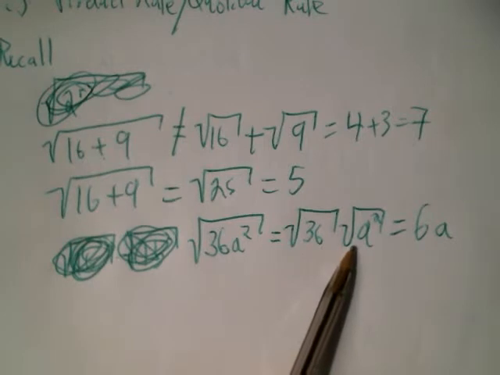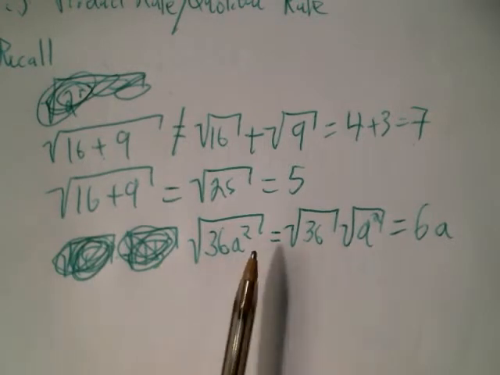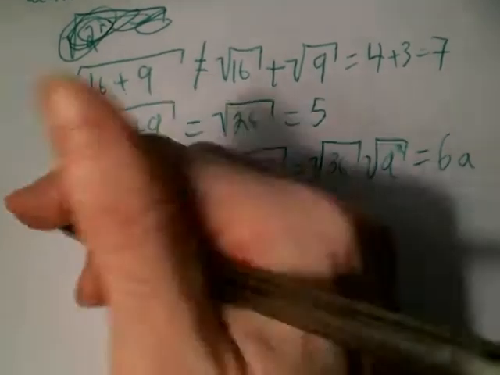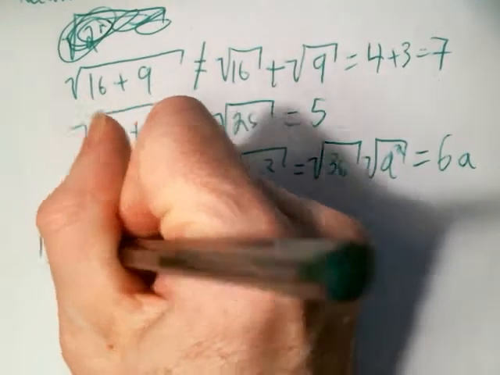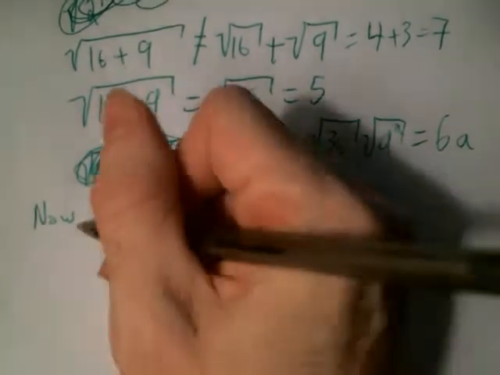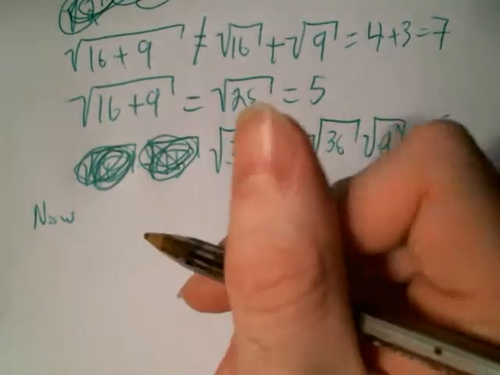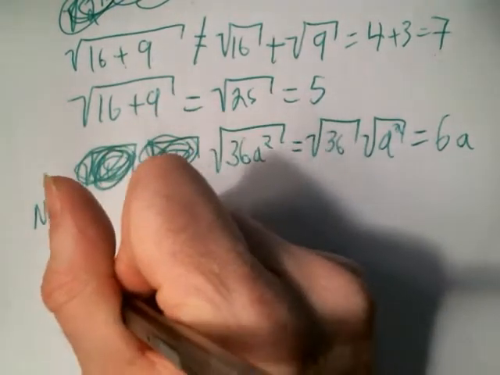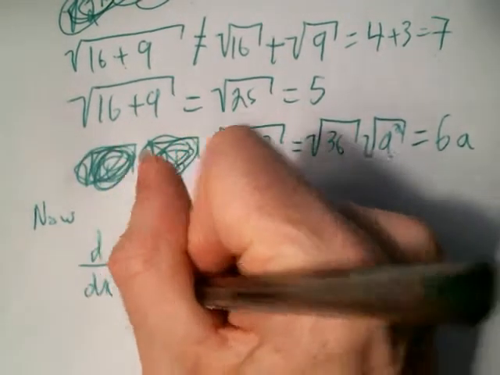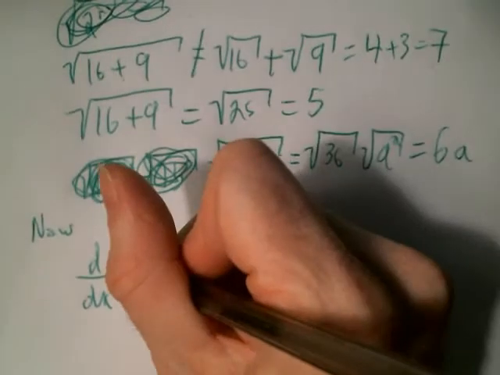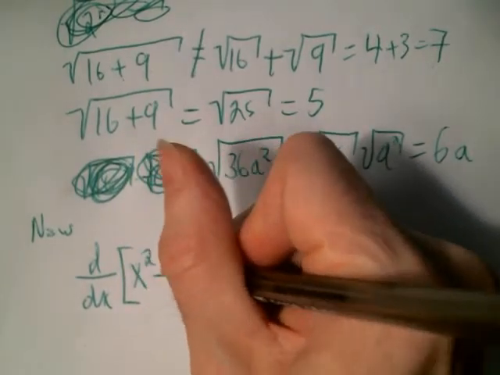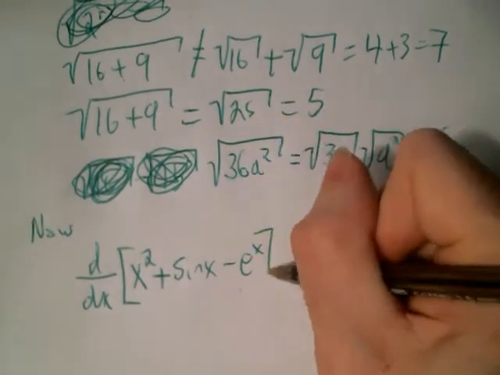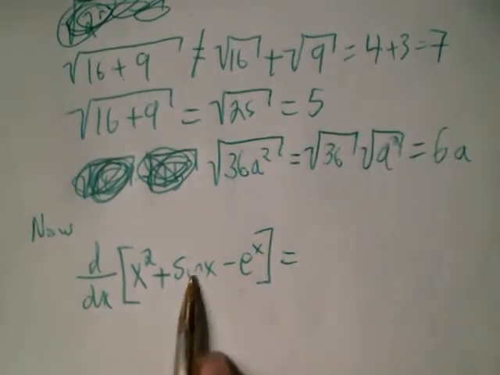Okay, so we have all these rules, and we've kind of already started encountering these rules with derivatives. In particular, we saw the derivative of a sum. So maybe the derivative of x squared plus sine of x minus e to the x, we can find by taking the derivative of the parts.